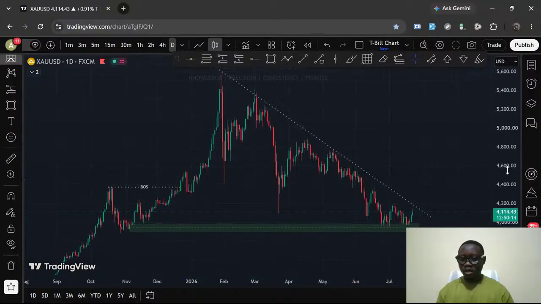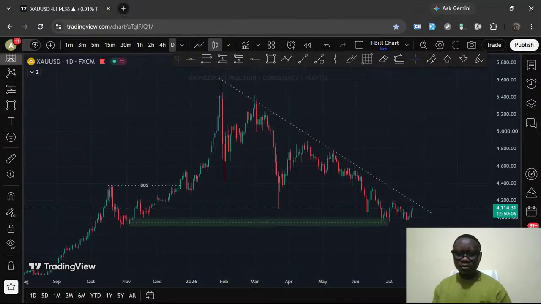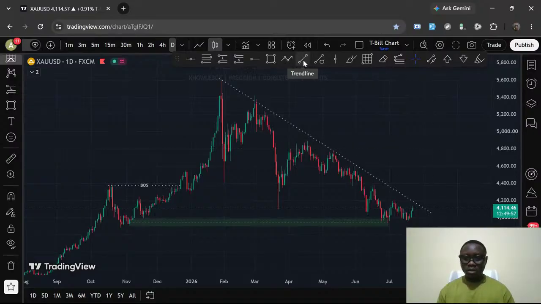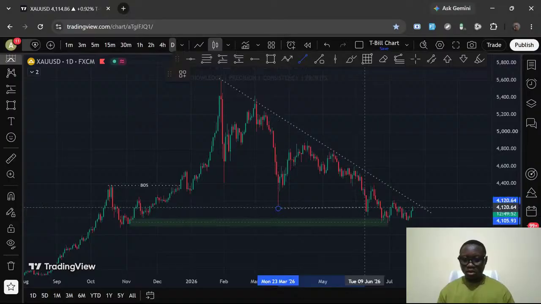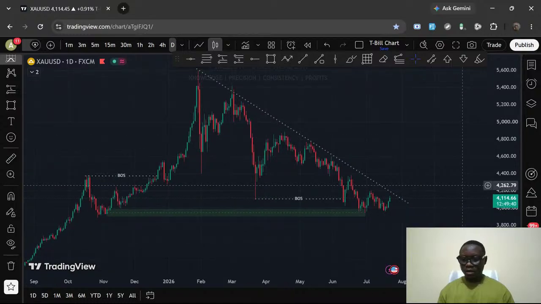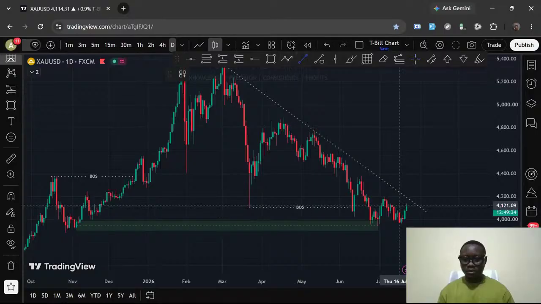So we have that marked out, and let me push this to this side so we can mark our external liquidity. For this, we have this break of structure, BOS, and there's also another break of structure to the downside right here.